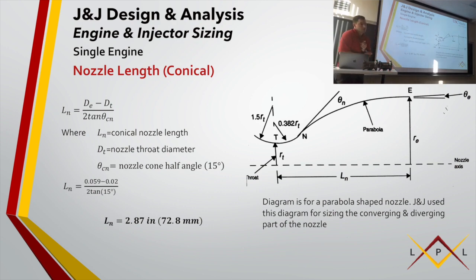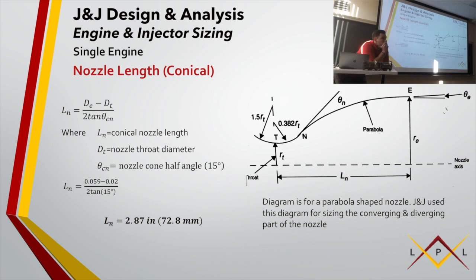What are the two different radii then? Like 1.5 and 2? So this is the radii for this, and that's the radii for this. It's empirical. It's just suggested. Just to add one more comment on this, I just learned something from another class. The theta n value, the angle, should be decided by what kind of propellant you are using.